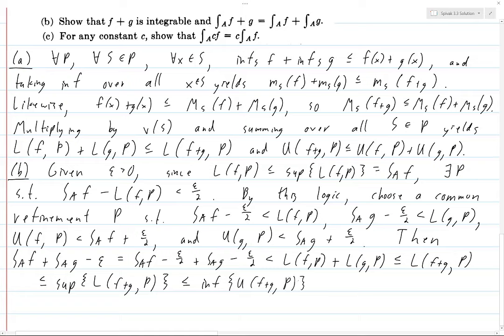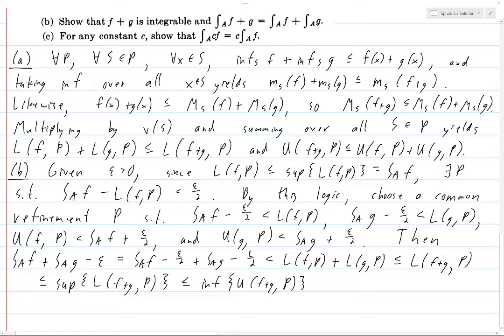That's because for any partitions P and P prime, the lower sum of any function f at P is less than or equal to the upper sum of f at P prime. Because these two partitions are independent of each other, you can take the supremum on the left-hand side and the infimum on the right-hand side independently, and the inequality will still hold. And so that's why this inequality holds.